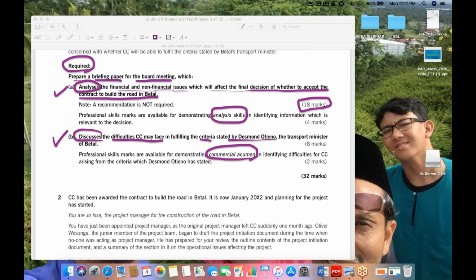If you notice, when we are doing Strategic Business Leader, you can divide the roles into various types of roles.